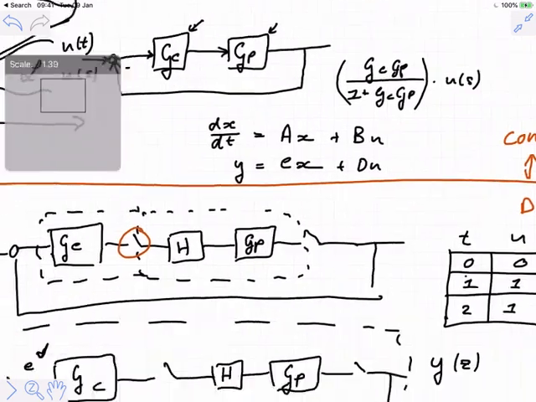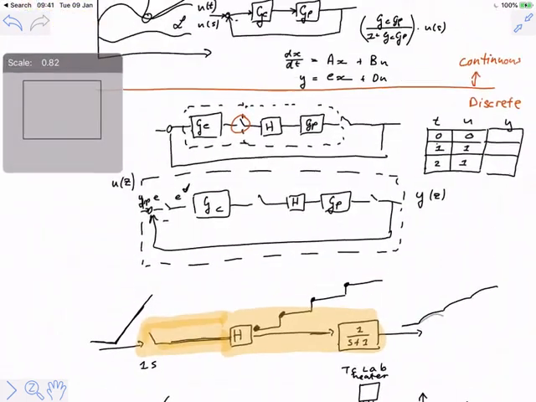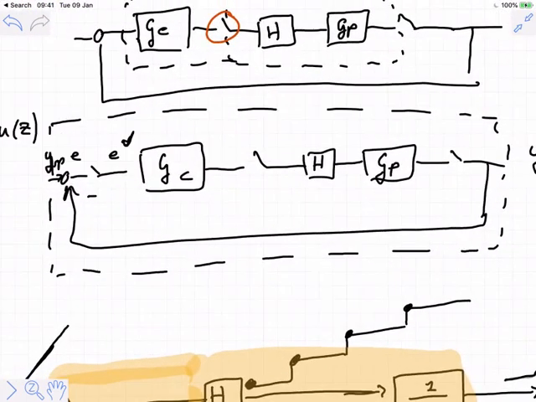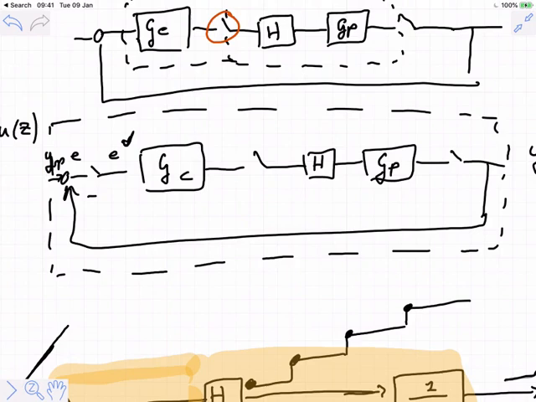In the discrete domain, we are repeating all of those same calculations, but we are using the Z transform instead of the Laplace transform. And our first step that we completed yesterday is to say, well, the first thing we need is some way of looking at the discrete response of the hold element and the system together.